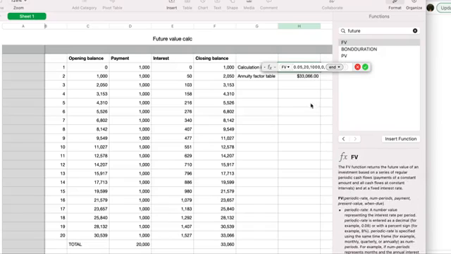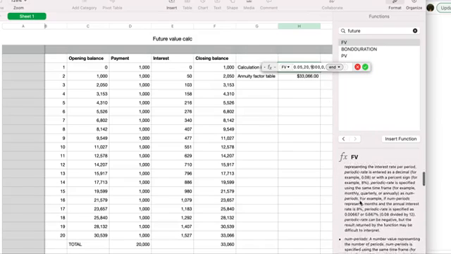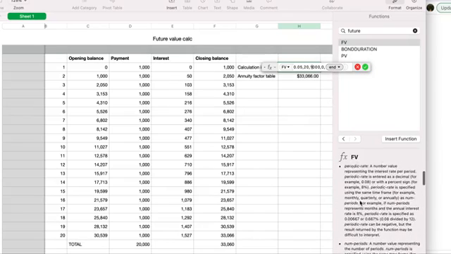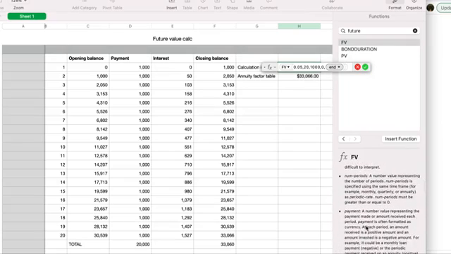So it says enter your interest rate, enter the time period, the number of years, enter the present value, and the amount you're adding each year. So here we go: periodic rate, number of periods, the payment.